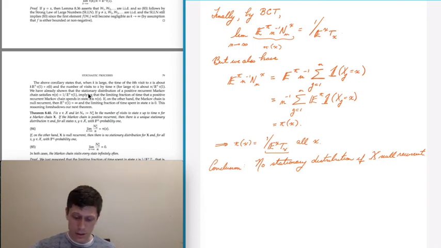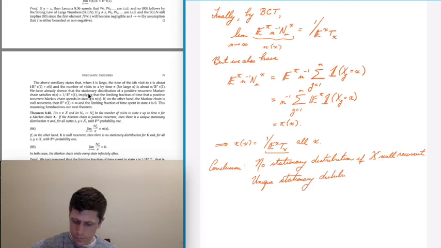So that's not a probability distribution. And there is a unique stationary distribution if x is positive recurrent. Okay?